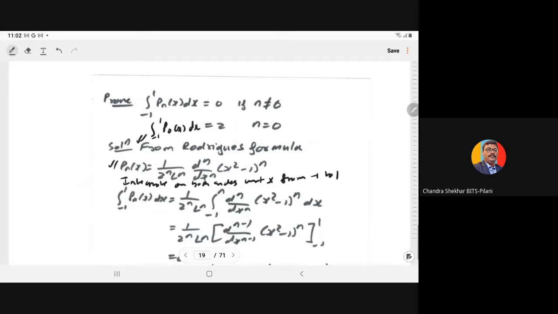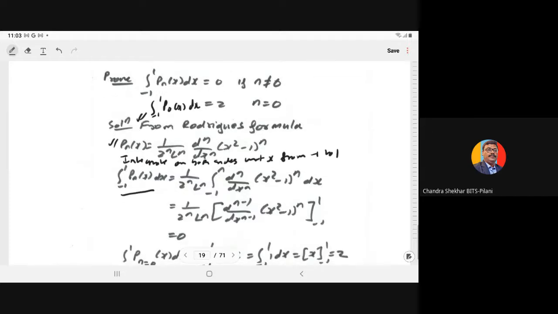So if you integrate this Rodrigues formula with respect to x on both sides, on the left hand side we have the integral from -1 to 1 of Pn(x) dx, and on the right hand side it is 1 upon 2 to the power n factorial n, times the integral from -1 to 1 of d to the power n upon dx to the n of (x square minus 1) to the power n with respect to x.